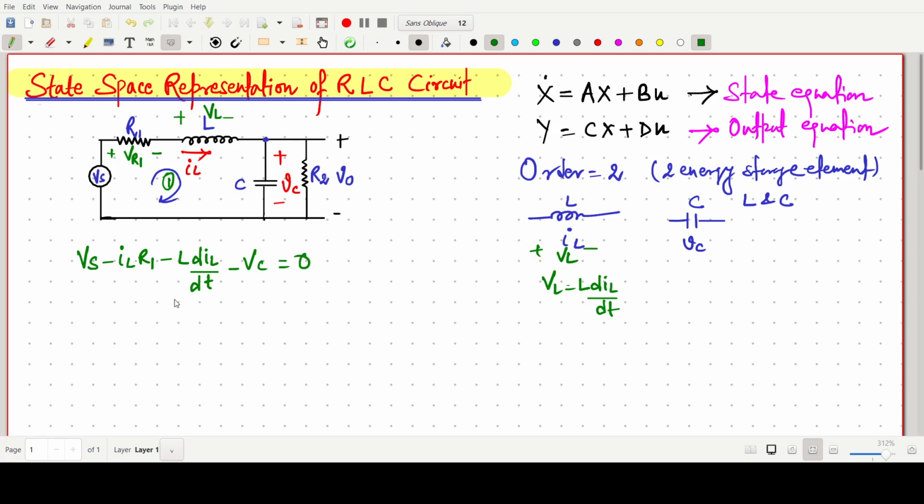Again we have to rearrange this equation. There are two energy storage elements, L and C, so two differential equations will come. The first equation is like this.